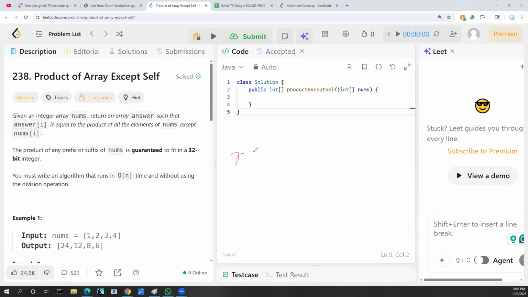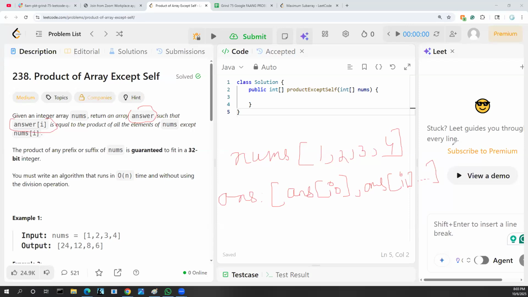You're given an array nums 1, 2, 3, 4. Okay. And we need to return an array named answer such that answer of I, each element of the new array answer of I0, answer of I1, and so on until the end.